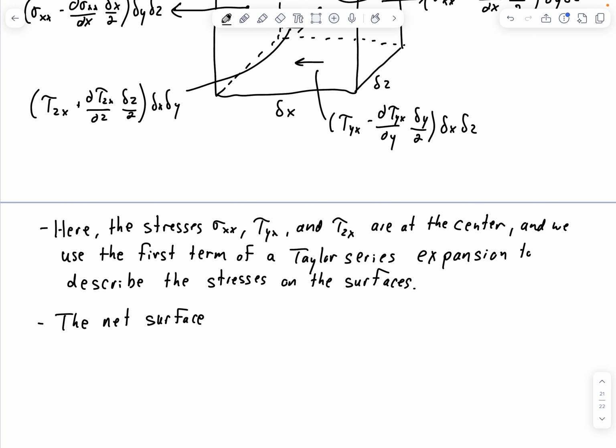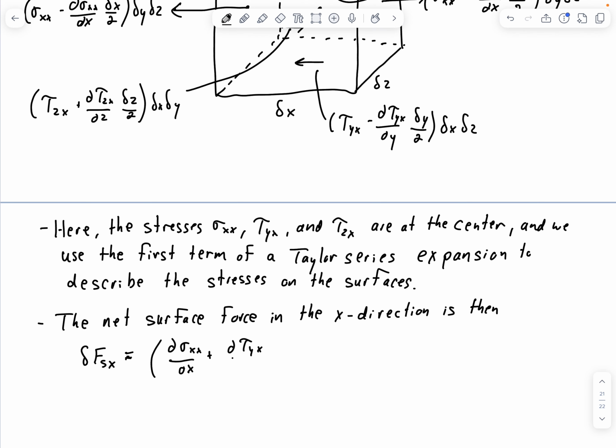So the net surface force in the x direction, and we'll call this delta f sub sx, becomes del of sigma xx by del x plus del of tau yx by del y plus del of tau zx by del z multiplied by the volume of the cube, delta x, delta y, delta z.